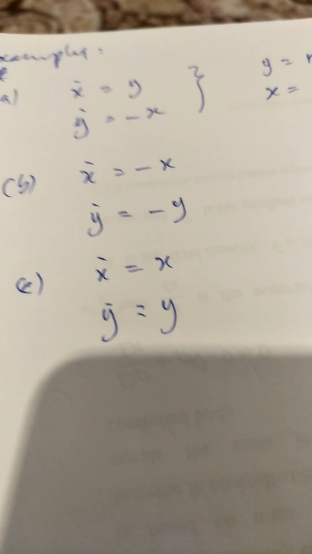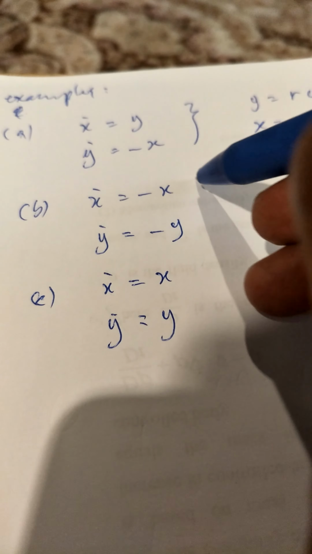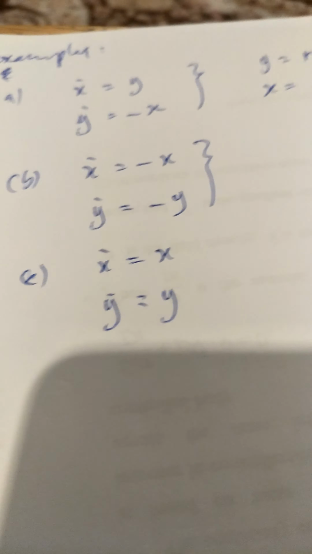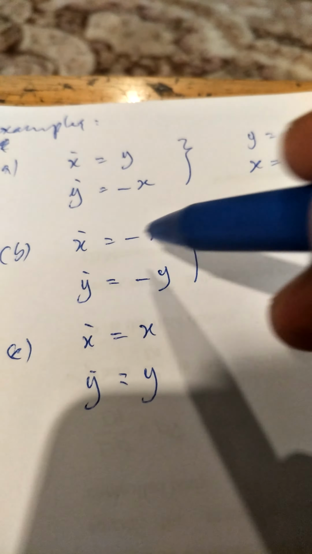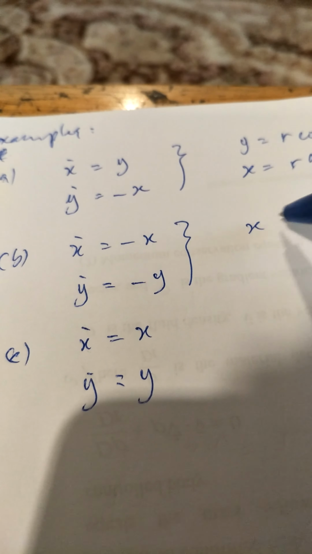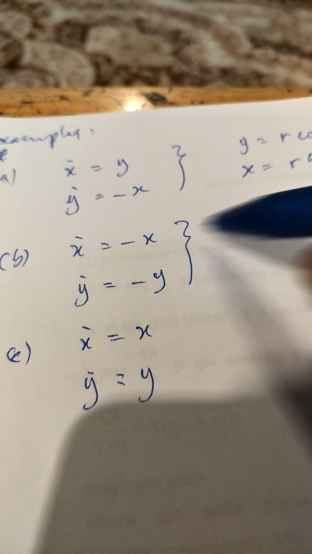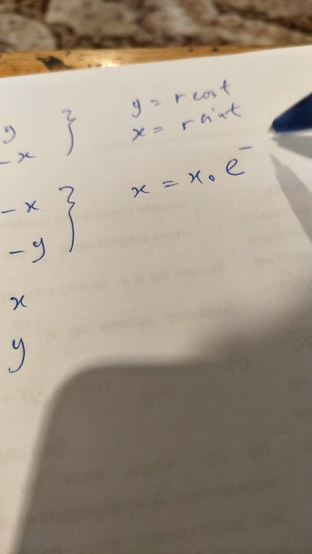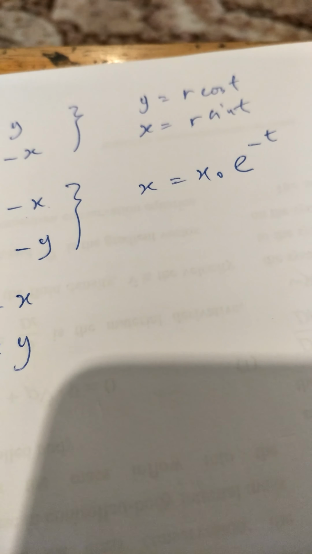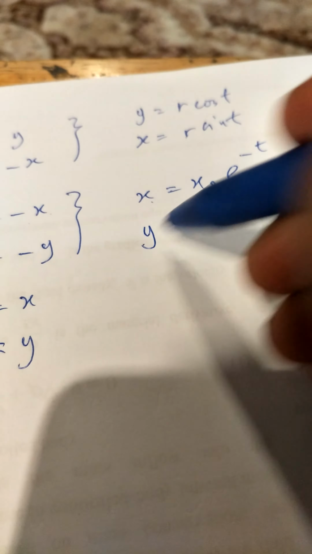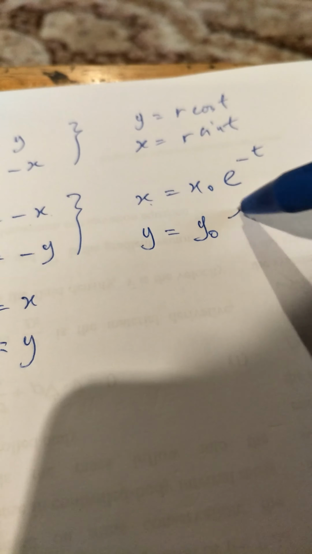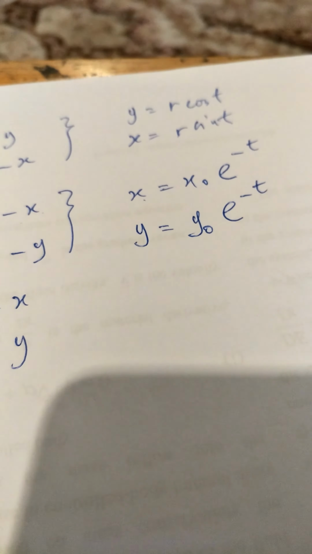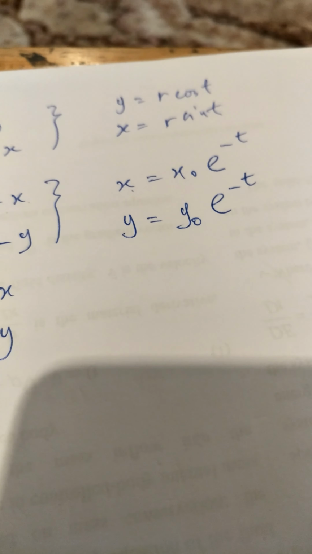Okay. Whereas for the second and third, for this problem, the solution we can have is x equal to x naught e to the negative t, and for y, we have y naught e to negative t, where x naught, y naught are any constants.